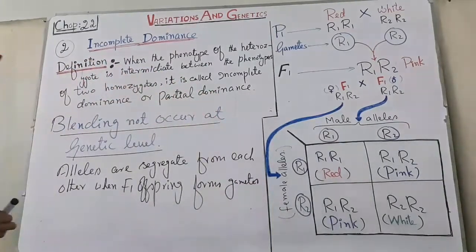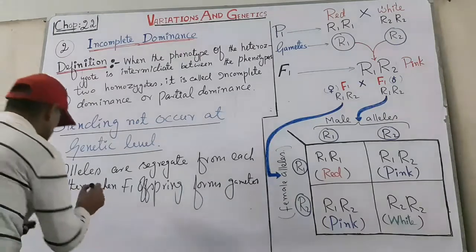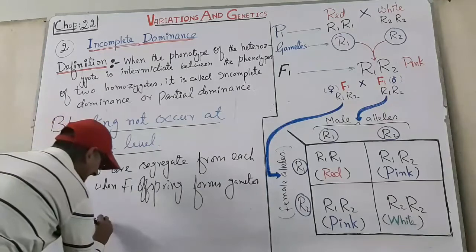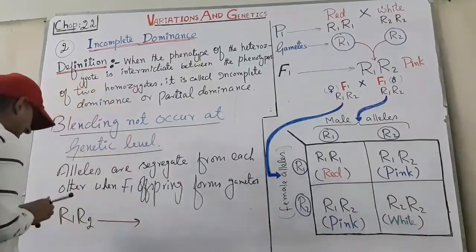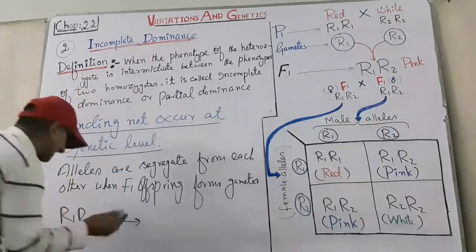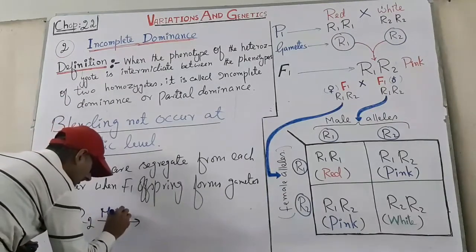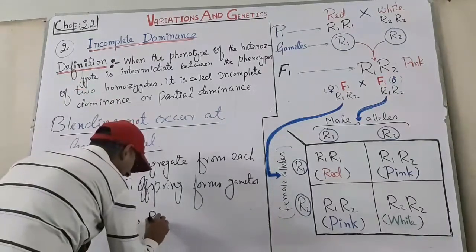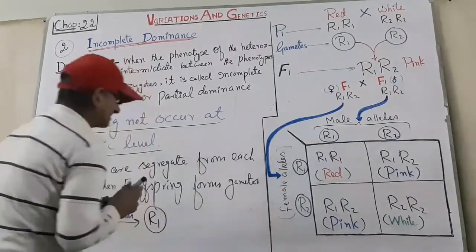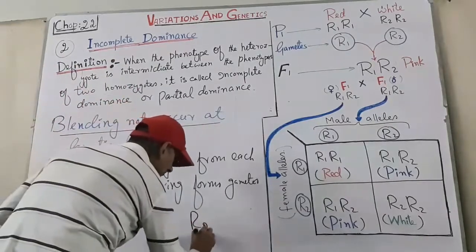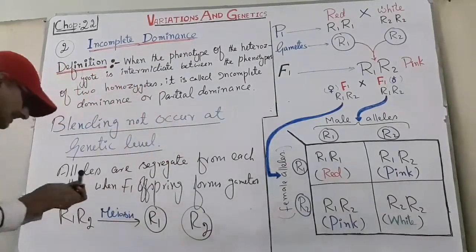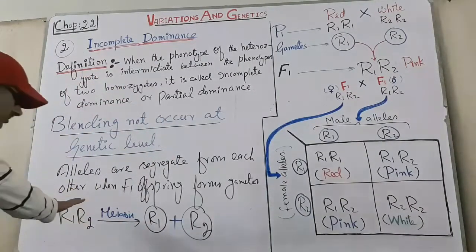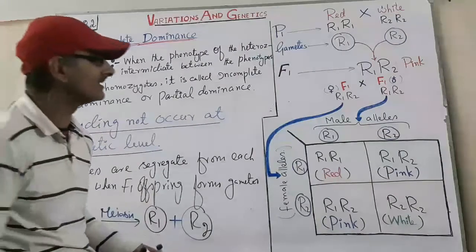There is no blending of alleles R1, R2. They are segregated when meiosis occurs, when there is gamete formation. And so capital R1 is in one type of gamete, and R2 is in the other type of gamete. So two types of gametes are formed, and so these alleles are segregated again.